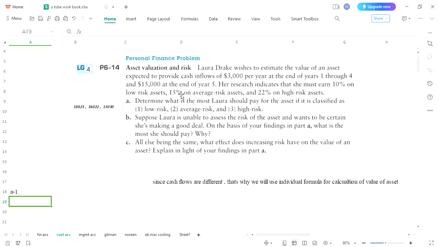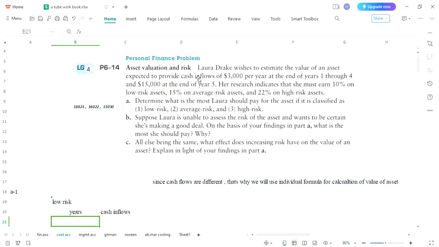And at low risk, what we do have are cash flows, and as you know these are inflows, where we have number of years as well.